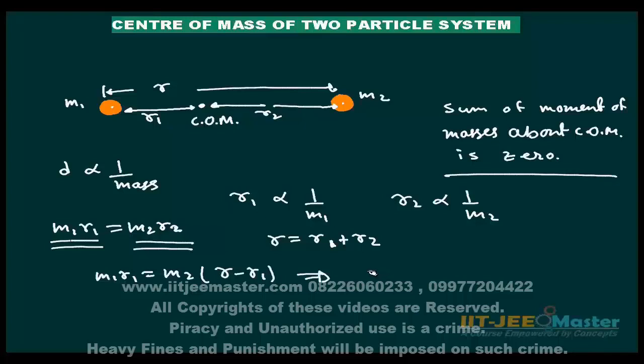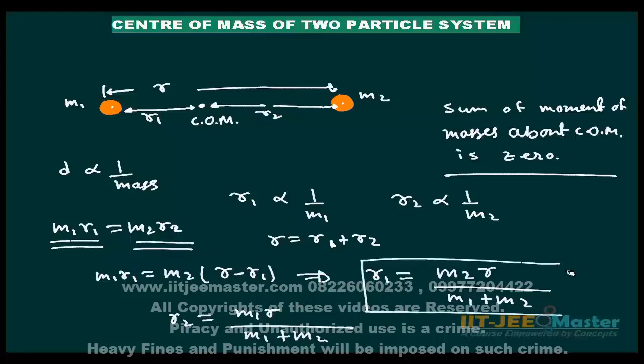On simplifying, we get the value of r1 as m2 r upon m1 plus m2. In the same way, if you find the value of r2, it will be m1 r upon m1 plus m2. The equation is very good. You see here the value of r1 will be m2 r upon m1 plus m2. If you increase m2, you increase the m2 mass.